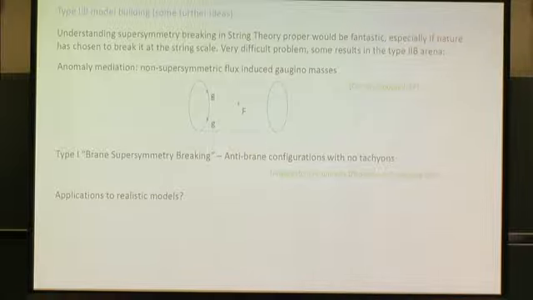It contains anti-D9 branes, and supersymmetry is then broken by these anti-branes at the string scale. And yet, it was shown that this configuration contains no tachyons, at least classically. So supersymmetry is broken at the string scale, you can calculate everything in string theory, and there are no tachyons. It's stable, at least classically. So I think that's something nice.